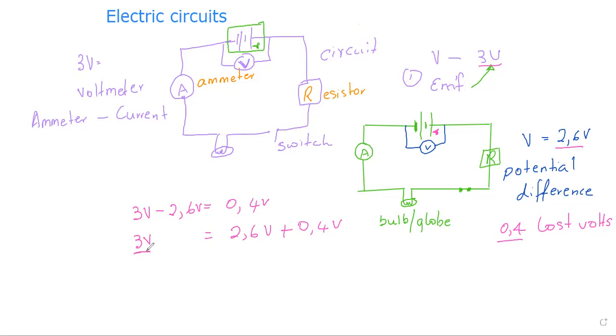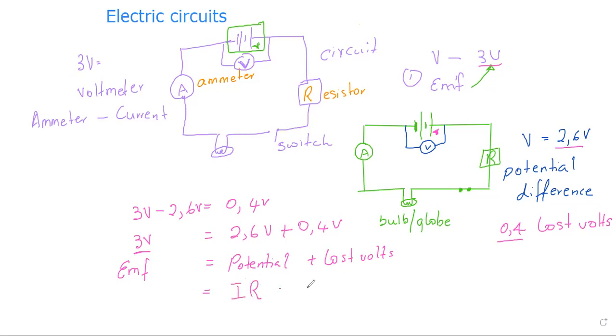Now this we said is the EMF. This is the potential difference. And this will be the lost volts. Why the lost volts?